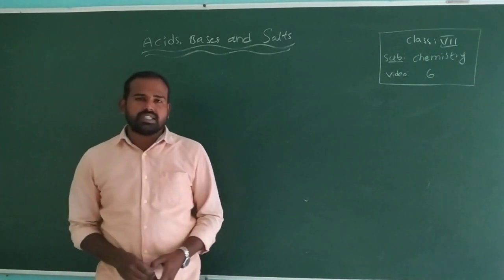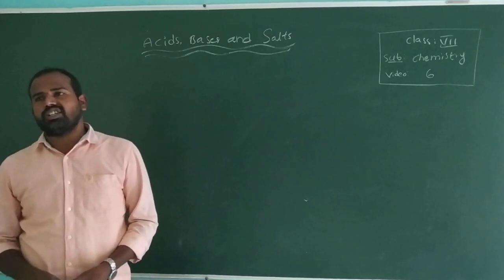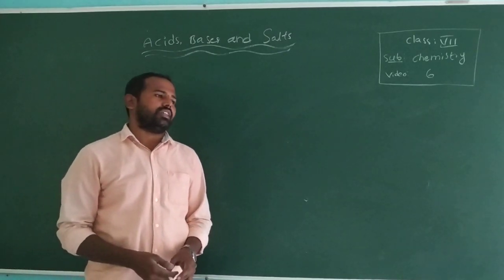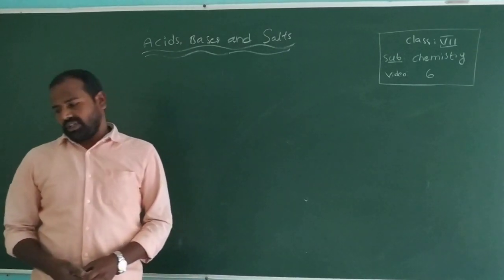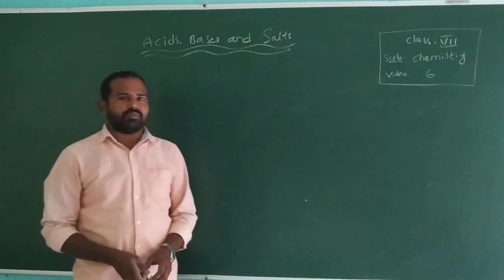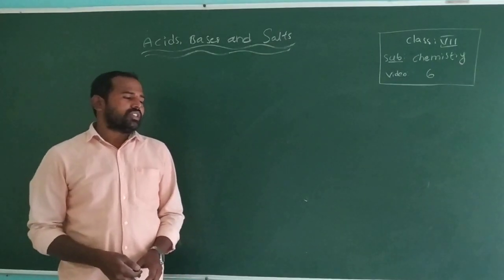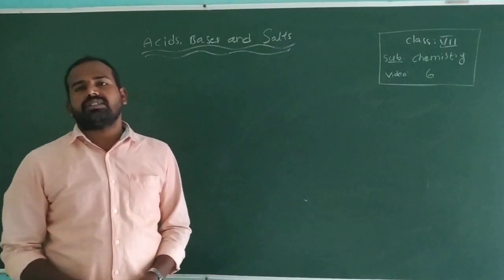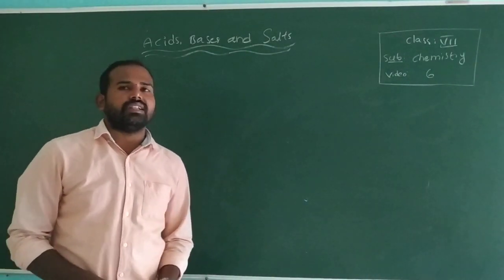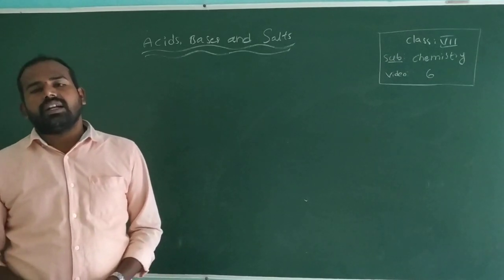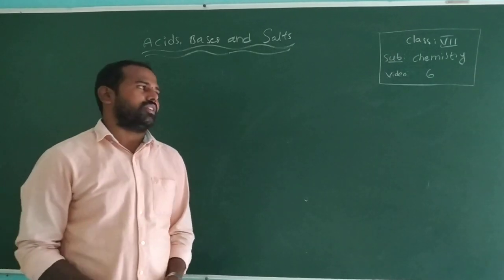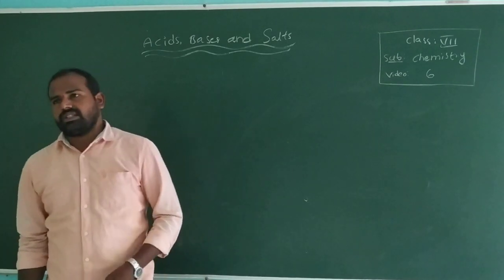After that we discussed some bases like magnesium hydroxide, potassium hydroxide, and sodium hydroxide. We tested them with litmus paper and they changed the red litmus paper into blue color. Bases are soapy to touch and they can change red litmus paper into blue color. So that was the part we discussed.